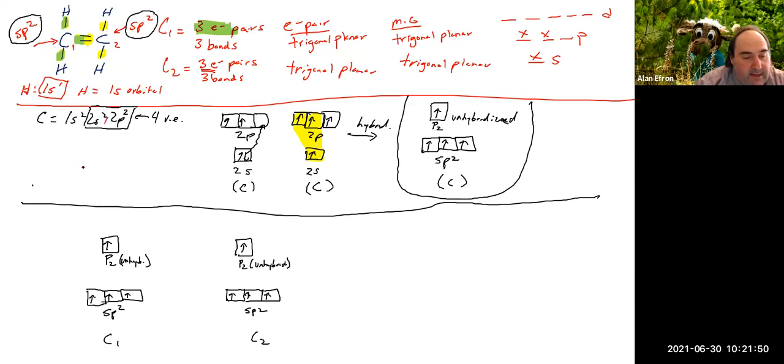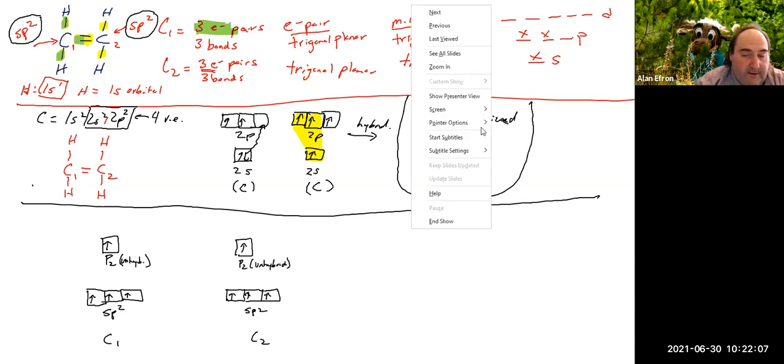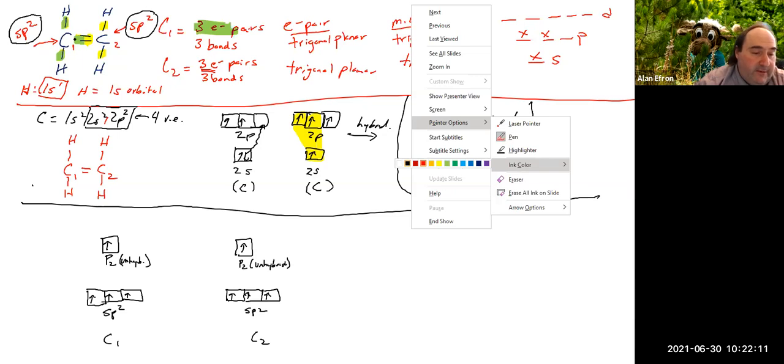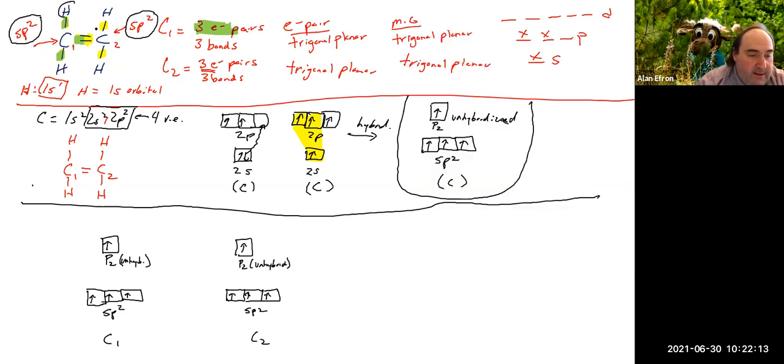We got C1 double bonded to C2, and we got an H, and we got an H, and we got an H, and we got an H. All right, so basically what that means is, as we talked about a second ago, we basically have, in addition to our 2 carbons there, we also have 4 hydrogens that are present, right? Basically 1, 2, 3, and 4.